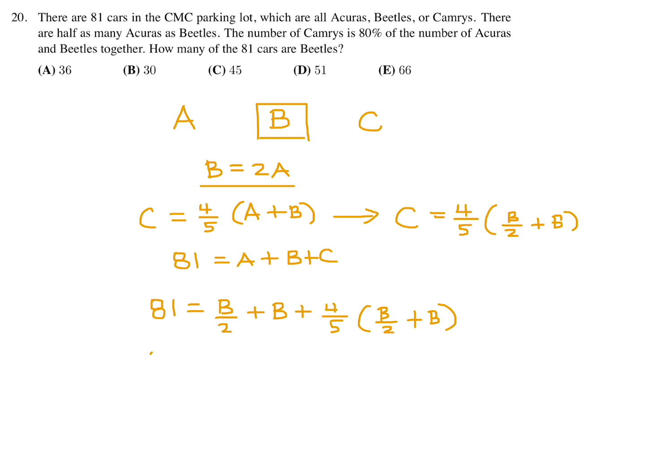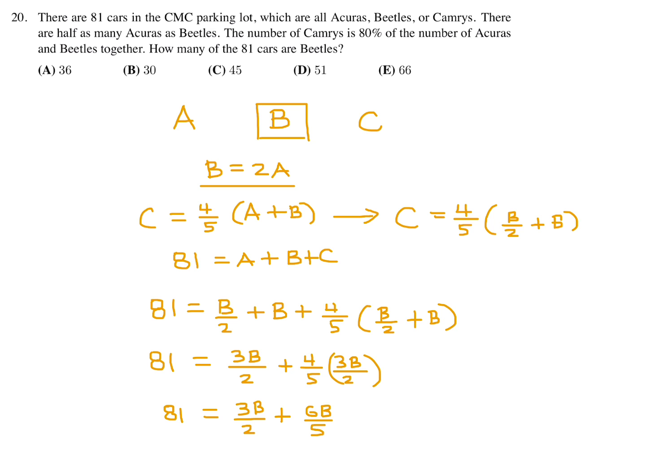Okay, so here we go. This looks like 3B over 2 plus 4 over 5, 3B over 2. And then this would be 3B over 2 plus 6B over 5 is equal to 81.